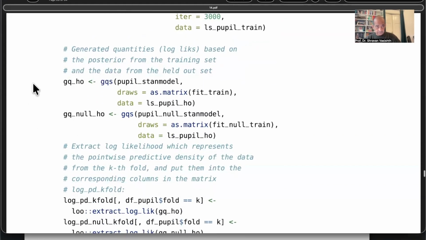Now we're going to use that GQS function that we had introduced earlier in the course.